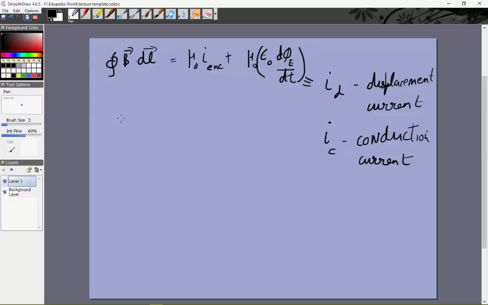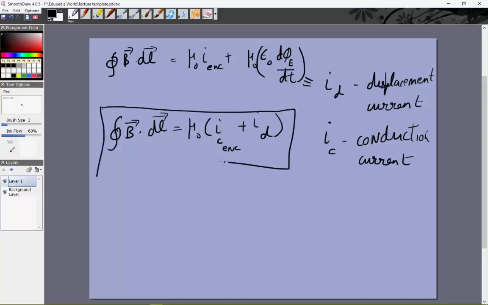With this, we can actually write it as cyclic integral of B dot dl is equal to mu naught times I conduction current enclosed plus I displacement current. Right. So this is another way of writing the fourth equation, and these are the four equations which ultimately govern all of electromagnetism.